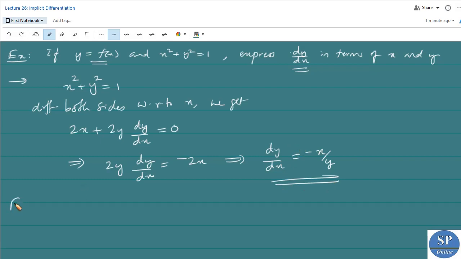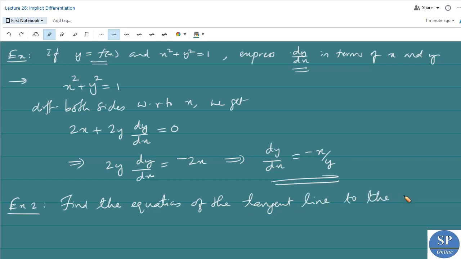Another example, find the equation of the tangent line to the curve 2x power 6 plus y power 4 equal to 9xy at the point 1 comma 2.